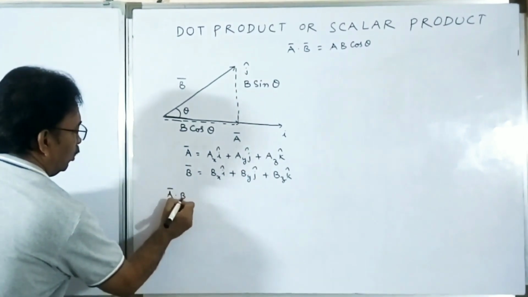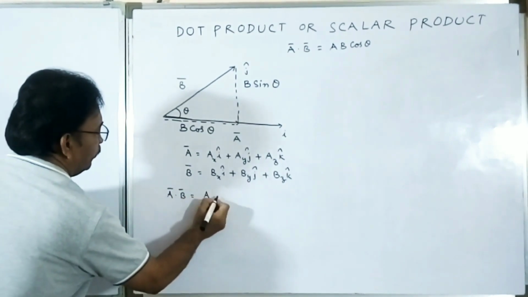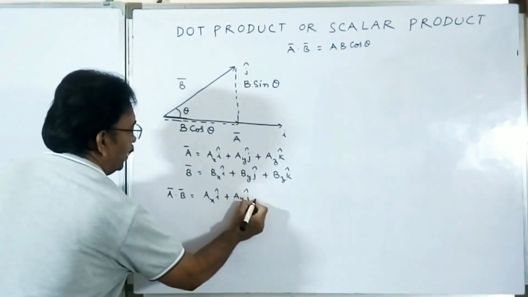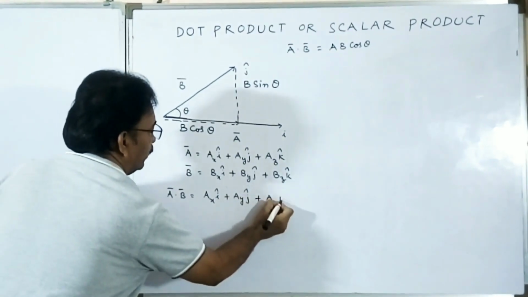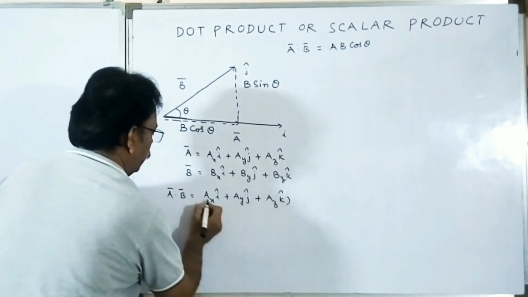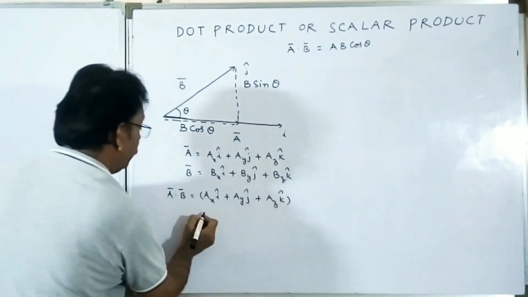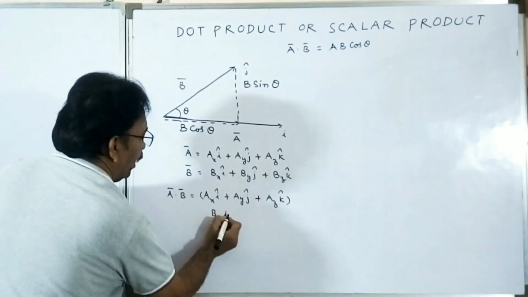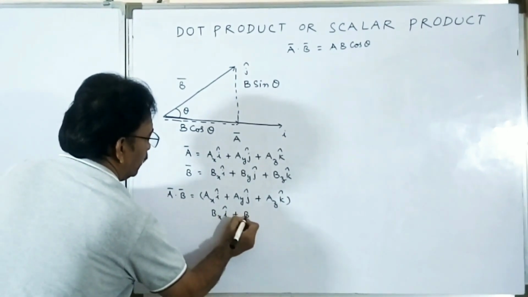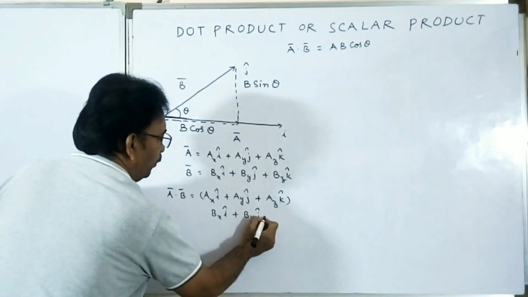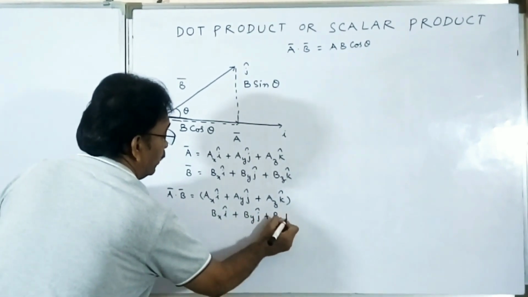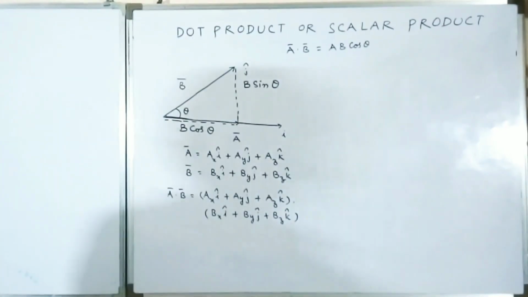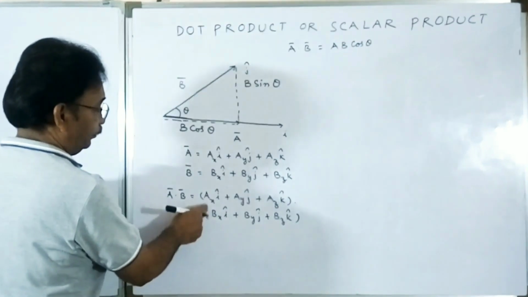A bar dot B bar is equal to Ax i cap plus Ay j cap plus Az k cap multiplied with Bx i cap plus By j cap plus Bz k cap. We are multiplying these two vectors, and we have to multiply these terms.